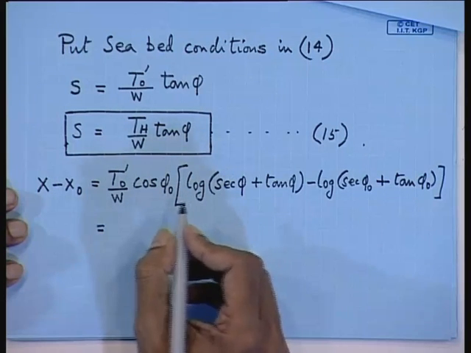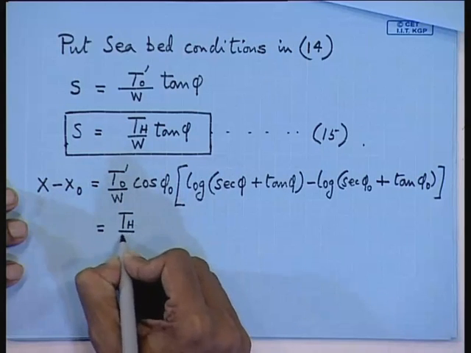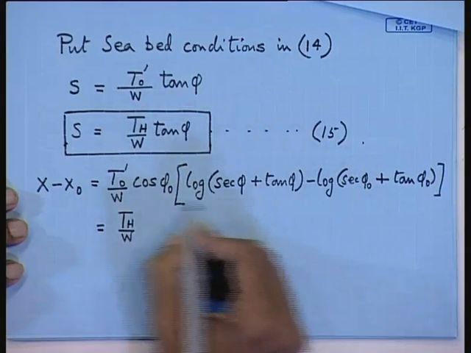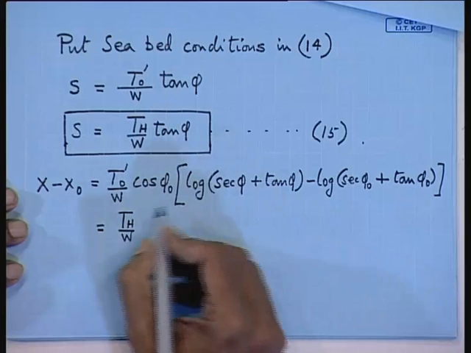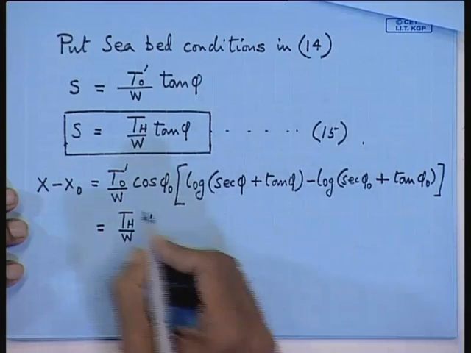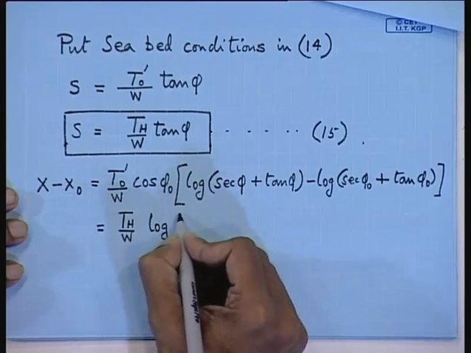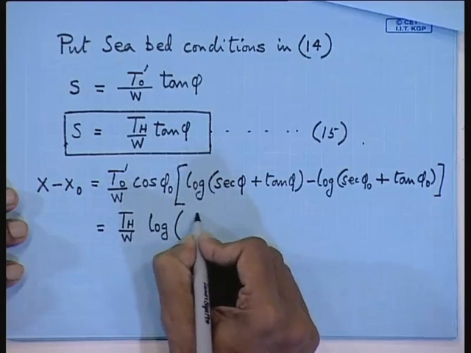So here you substitute, how much does this become? T prime naught is TH, isn't it? So you just write TH over W, your cos phi naught becomes 1. And here this will be log of, the other term will be how much? So this will be simply log of 1 by cos phi plus tan phi.